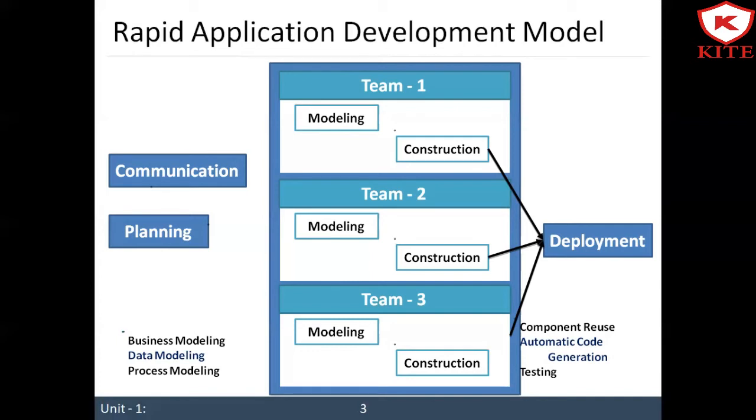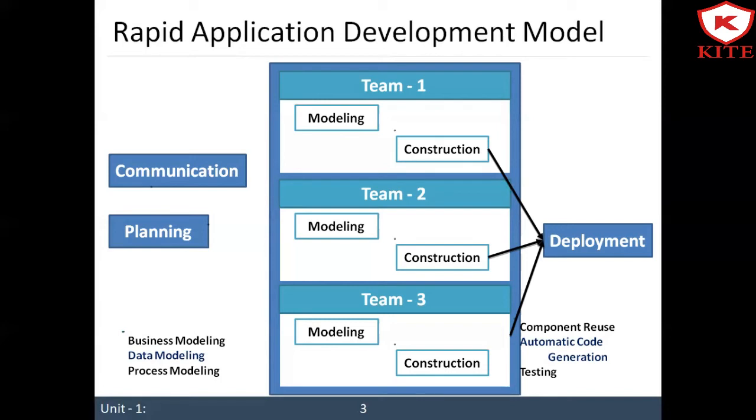Now, the second activity is planning. What do you mean by planning? Planning is essential because multiple software teams work in parallel on different system functions. What activities happen in planning?